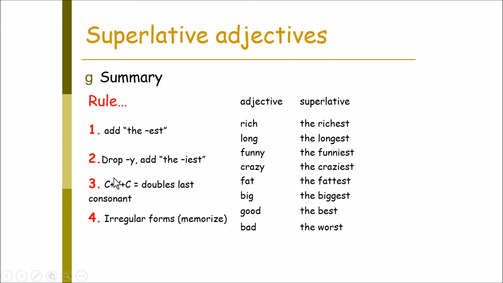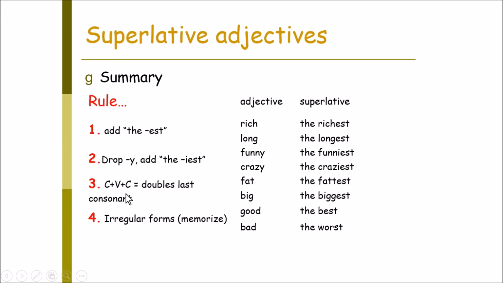The second rule, you have to apply this rule when you have an adjective that ends in Y, as in funny or crazy. So you have to drop letter Y, add letter I and est. And don't forget the word the. So funny is the funniest, the superlative form, and crazy, the craziest.